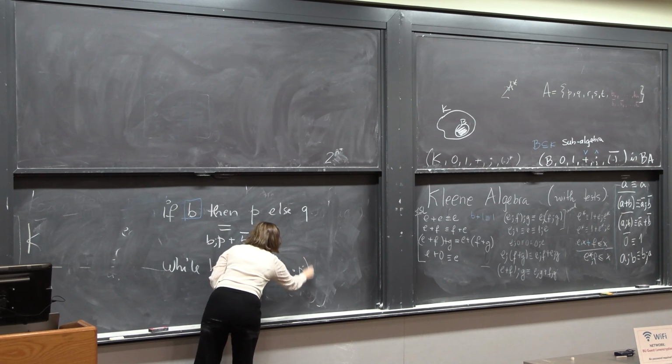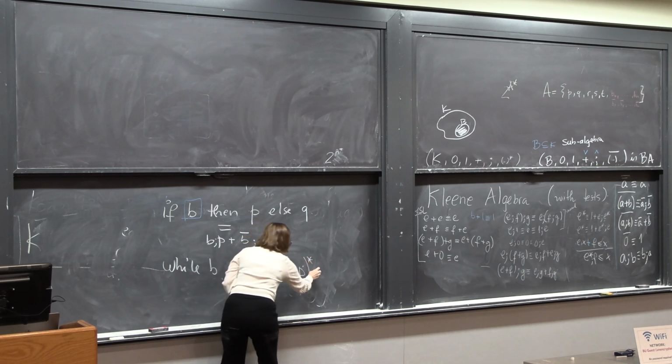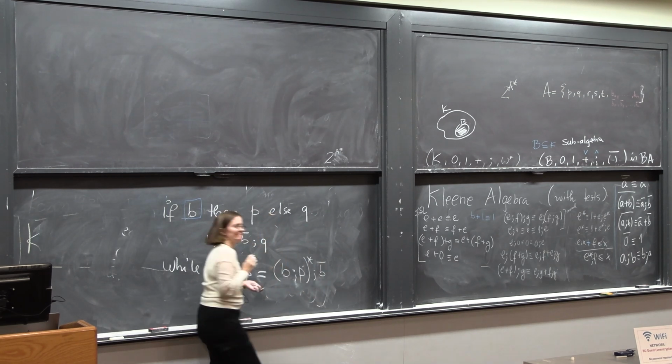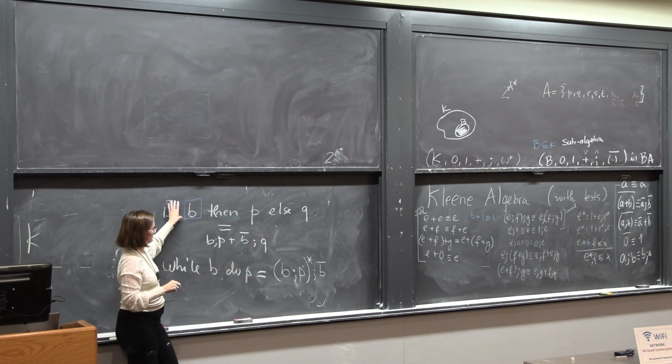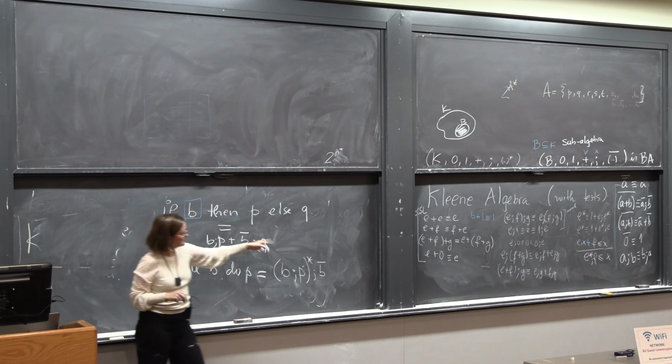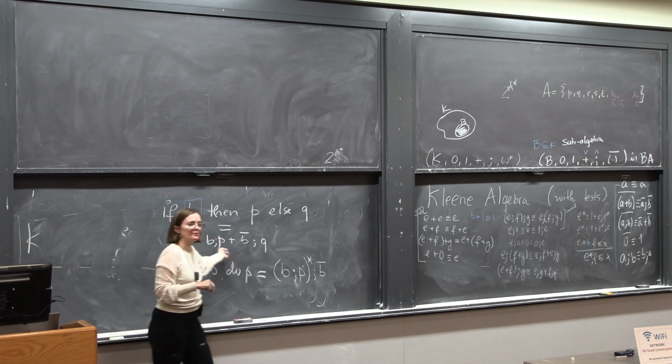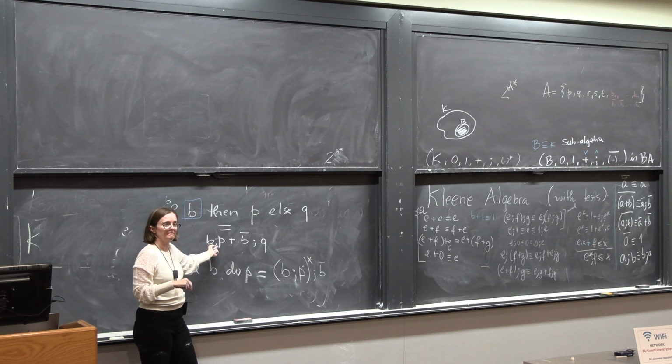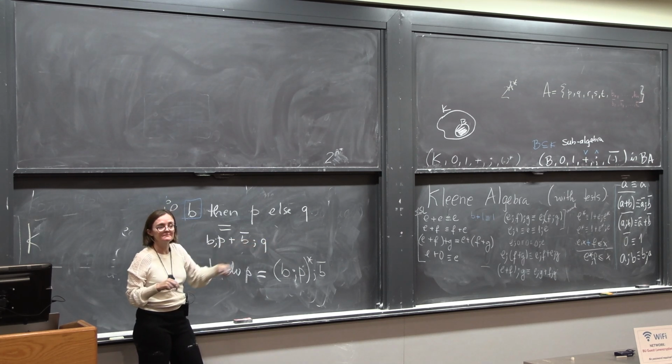B P star, not B. So if I give you a program written in this simplistic language, you can just translate it to a regular expression. And then using the axioms, you can actually do program transformation. You can do some very cool things like compiler optimization, proving certain compiler optimizations sound just by using the axioms. Okay?